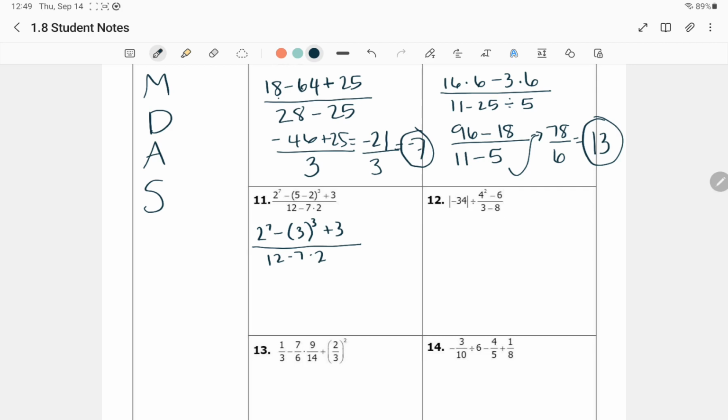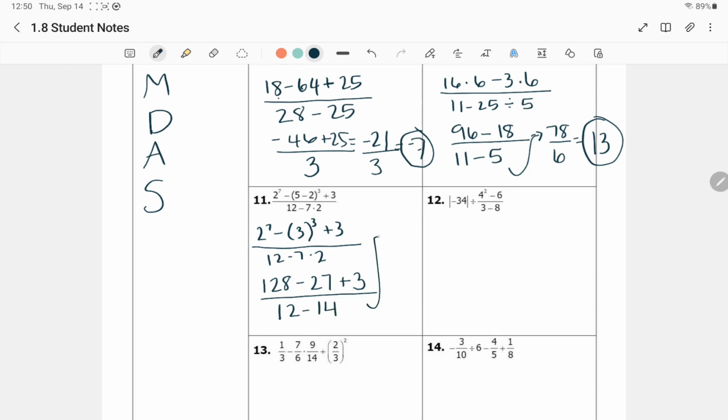Of course, I have to do that math. I think it's 128. If I'm wrong, you'll let me know. You guys are great at letting me know. Minus 3 times 3 times 3 is 27. 3 times 3 is 9. 9 times 3 is 27. Plus 3 over, we have 12 minus, and then 7 times 2 is 14.